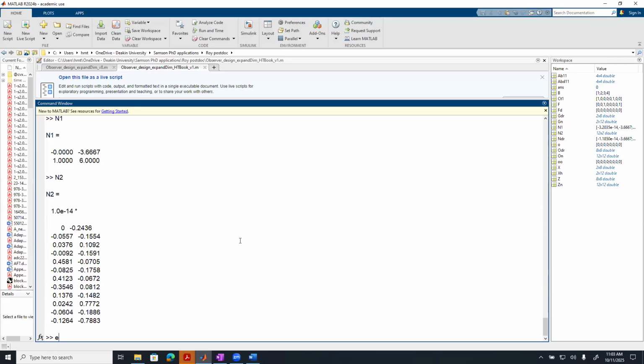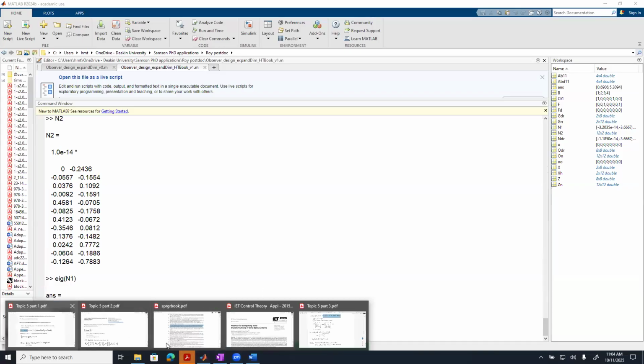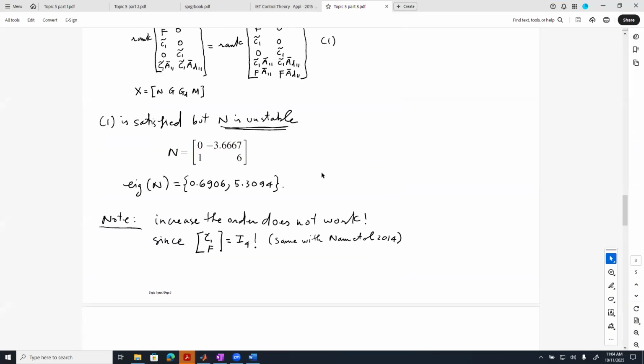So we are left with an observer which has the matrix N exactly the same as the Rouge approach, and we still have two unstable fixed modes in there. All right, now it comes to the next very important bit, and that next important bit is what to do.